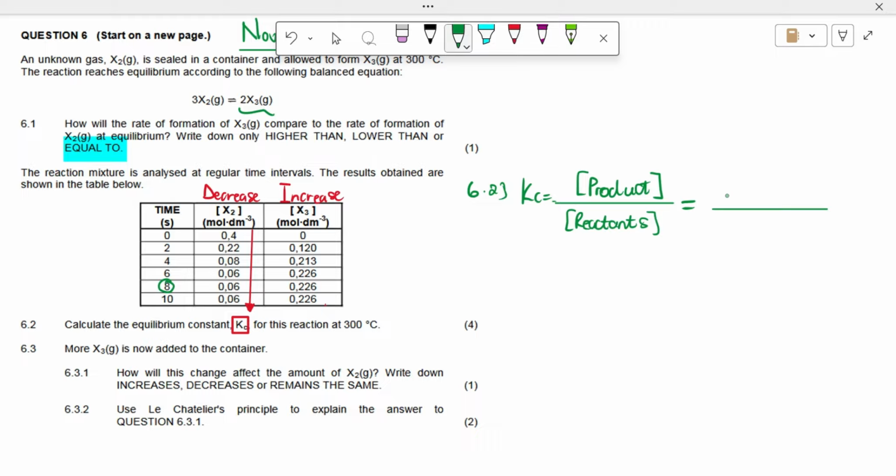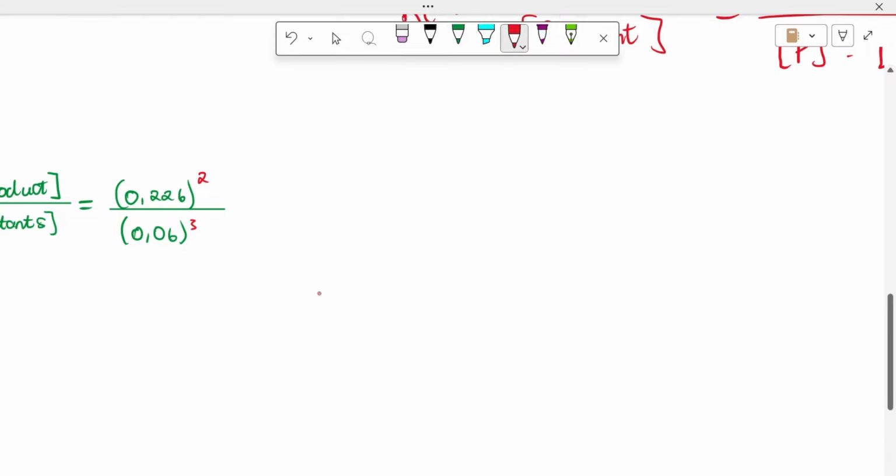It's going to be the concentration of the product, which is X3, that's 0.226, and over the reactant, which is X2, and that's 0.06. Consider these guys. Do not forget the stoichiometric coefficients. So for X3, that's squared, and then for X2, that's cubed.